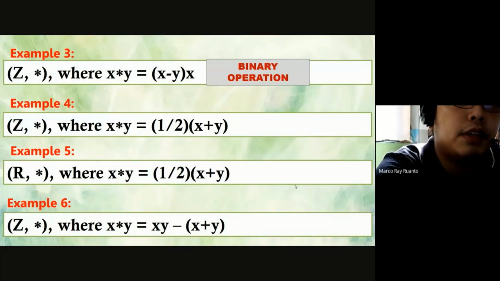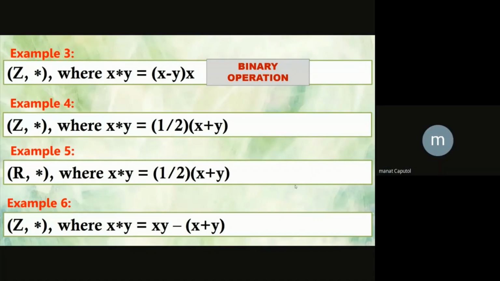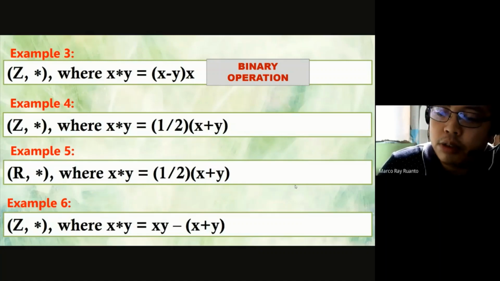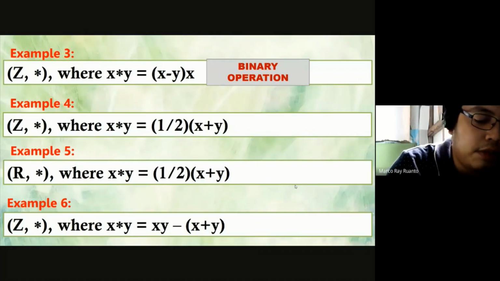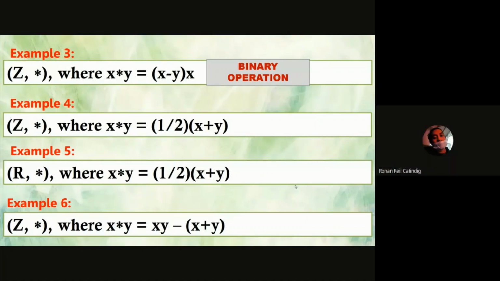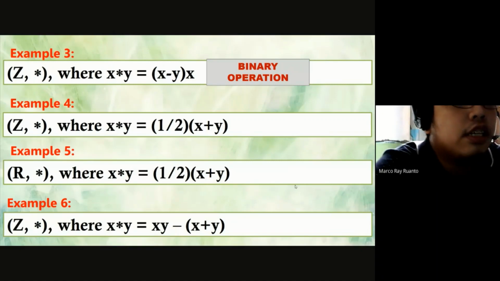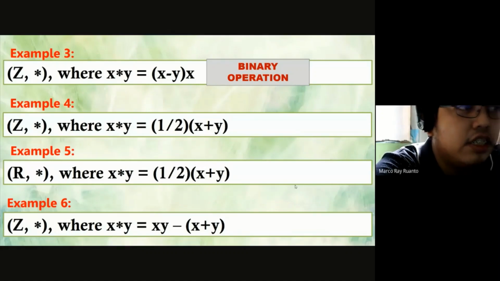Is 1.5 or 3 halves an integer? No, sir. The integers are 0, 1, 2, 3, 4, 5, 6, 7, 8, and so on, with negative numbers like negative 1, negative 2. Fractions and decimals are not integers, so fractions have nothing to do with integers.